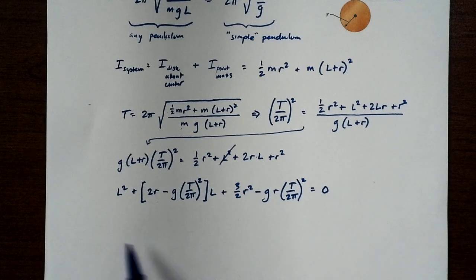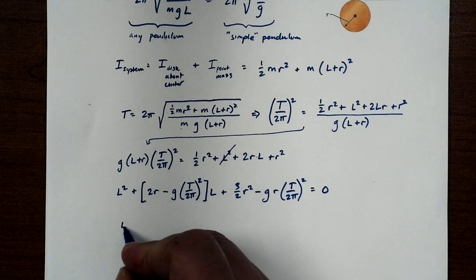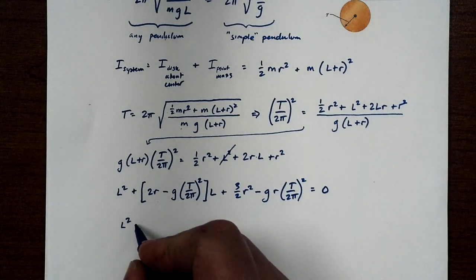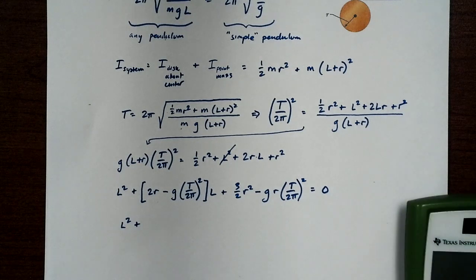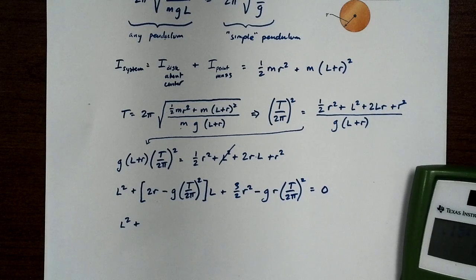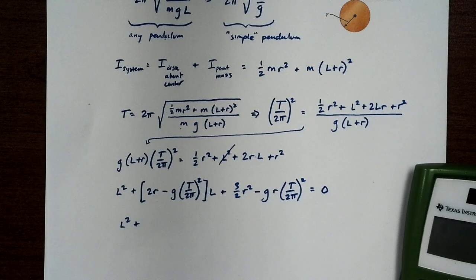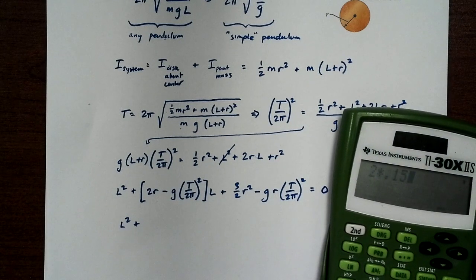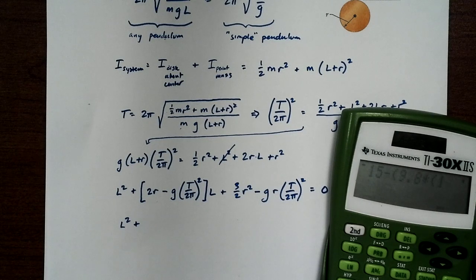All right, well, now we have it set up. Now it's a matter of figuring out what each of these terms are. This is nice. The leading coefficient on L squared is just 1, but I need to calculate what 2r minus g times the period over 2 pi squared is. So 2 times a radius of 0.15 minus, and then 9.8 times 2 over 2 pi is the same thing as 1 over pi.